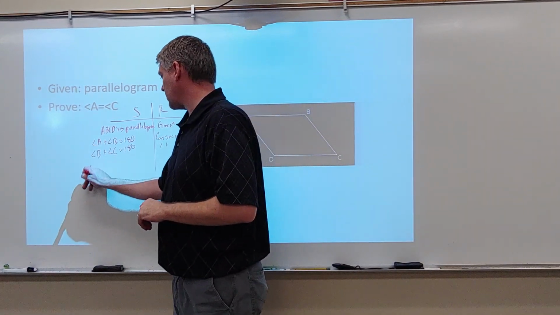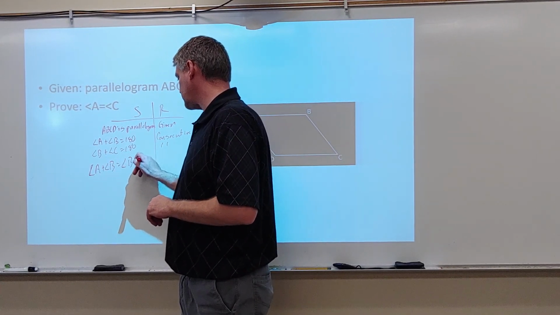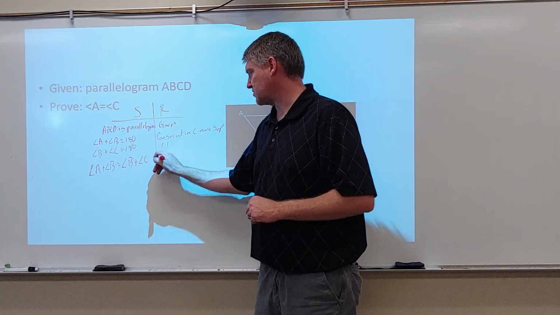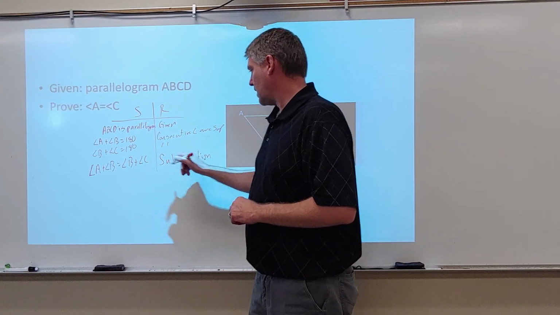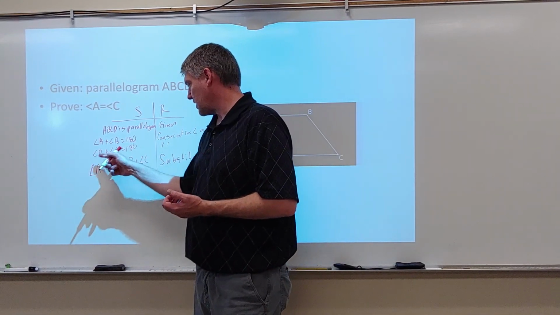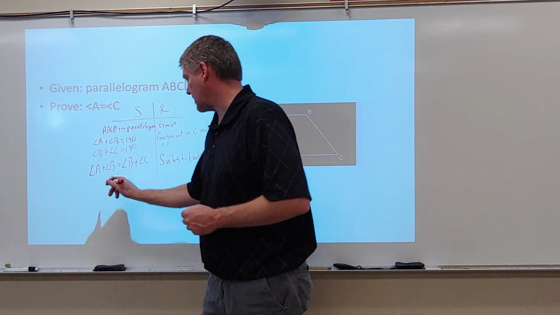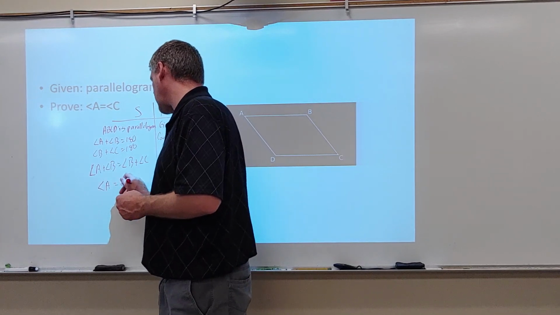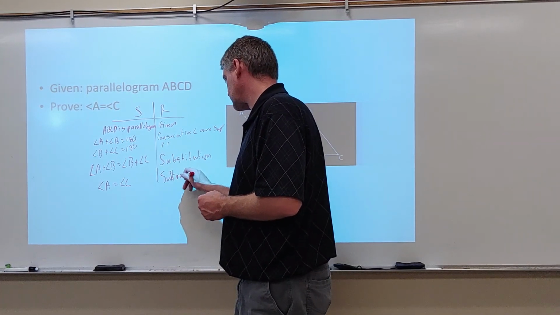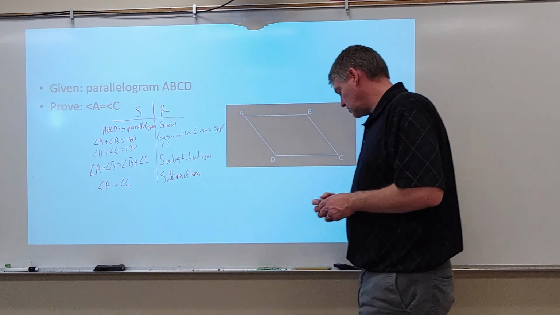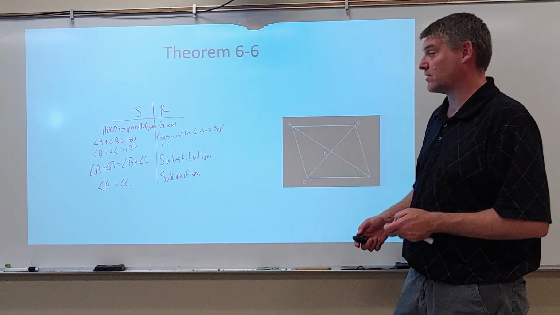Now what I'm going to do is go angle A plus angle B equals angle B plus angle C. All I did was substitution for 180. So I substituted angle B plus angle C, substitution. Now I know that there's angle B on both sides, so I'm going to go angle A equals angle C, subtraction. Okay? So now I've proven that opposite angles are congruent, are equal and congruent.